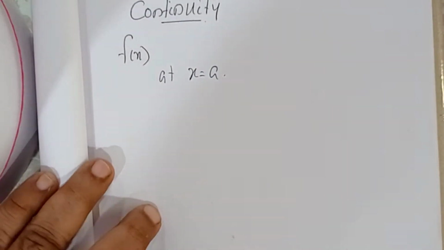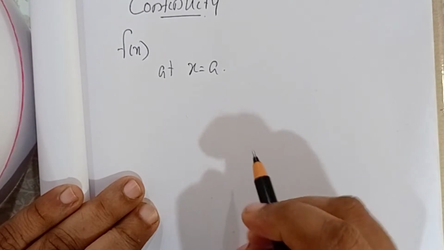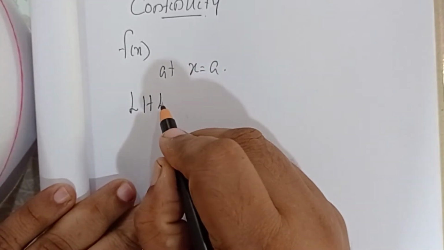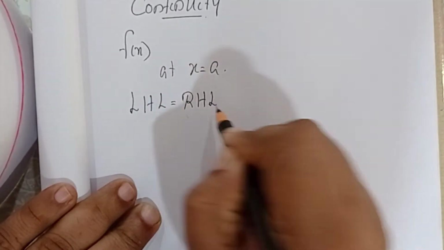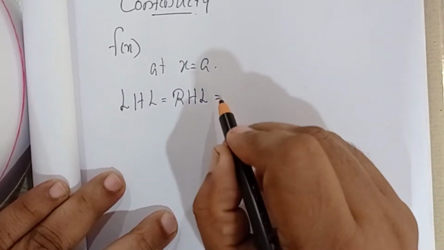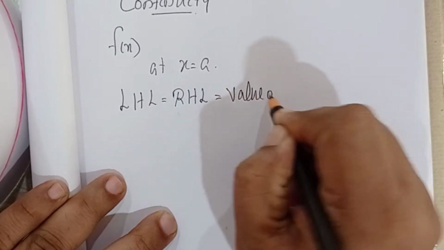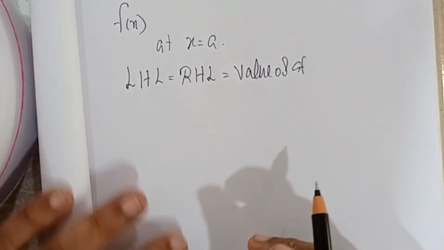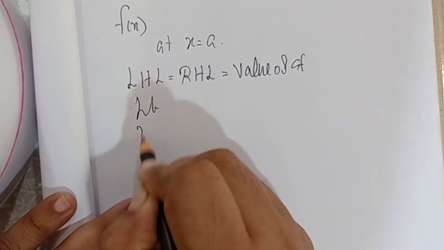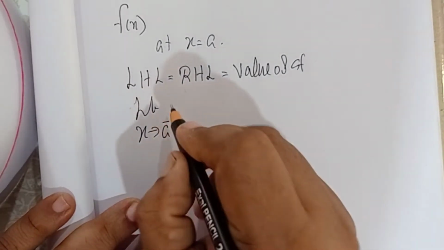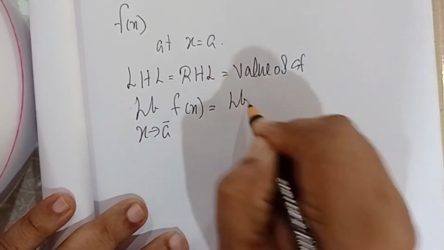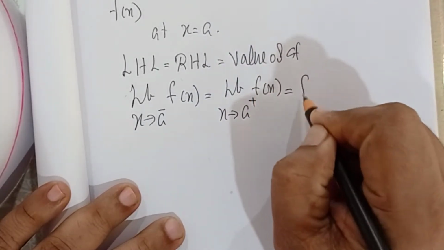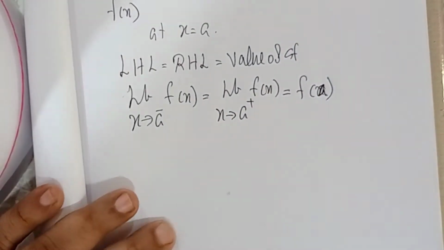At x equal to a, if the left hand limit (LHL) equals the right hand limit (RHL) equals the value of the function at that point, or limit x tends to a minus f(x) is the same as limit x tends to a plus f(x) equals f(a).